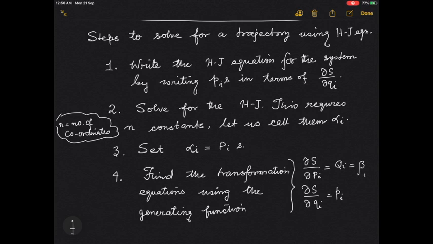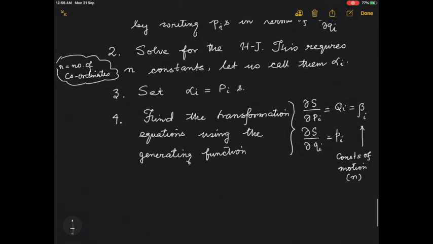Okay, so when you are doing this, also remember these are constants. So these are other constants. So let us set this to beta i constants again. And there will be n because I have n Qi's.